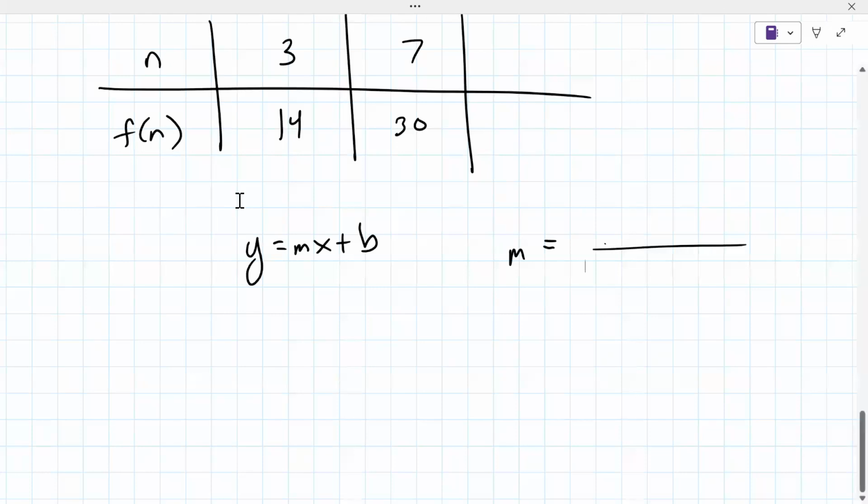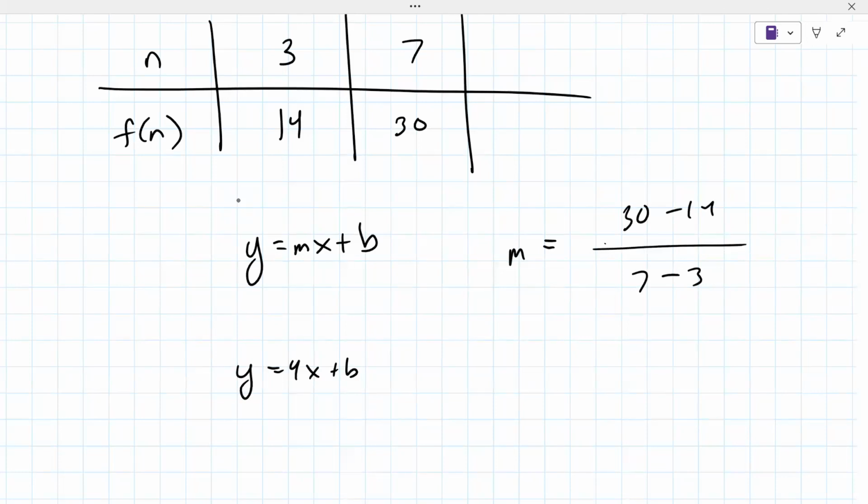So I got 16 over 4, which reduces to 4. Yes, very good. Okay, y equals 4x plus b. Exactly. Now you have to use one of the points or the other and solve for b.